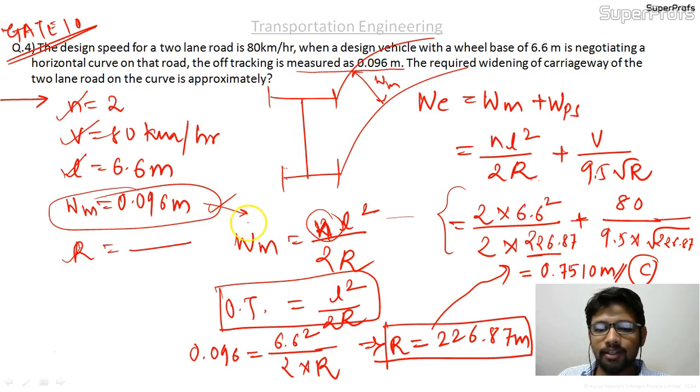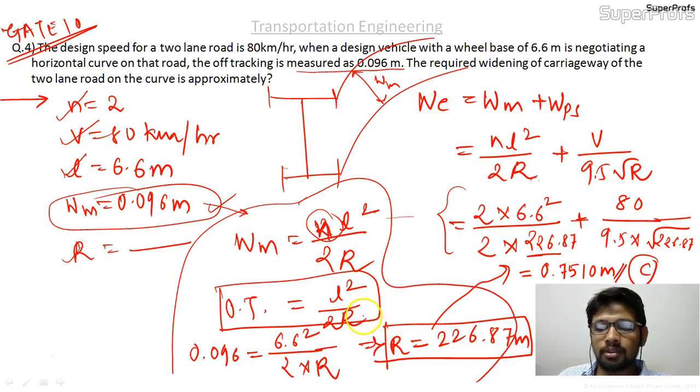So you have to be very attentive. Instead of solving the question in a single go, they put in some trick and make at least 2 steps, so that the question becomes worth a GATE examination. I hope you have all understood how to go about this, and here we end this chapter, the extra widening on horizontal curves.